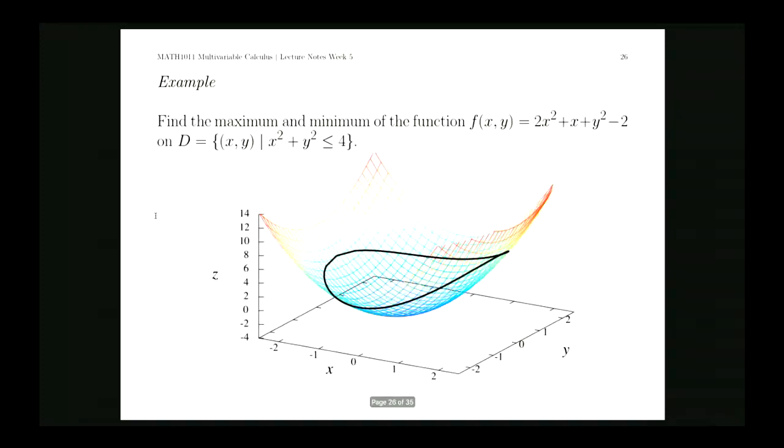Now, going back, let's say I want to find the absolute maximum and absolute minimum of this function on this closed region, for all x squared plus y squared less than or equal to 4. So in the xy plane, that's a circle. That black line is the projection of that circle onto the surface.